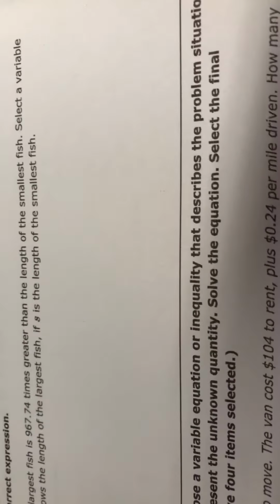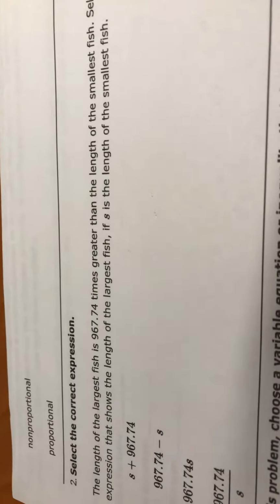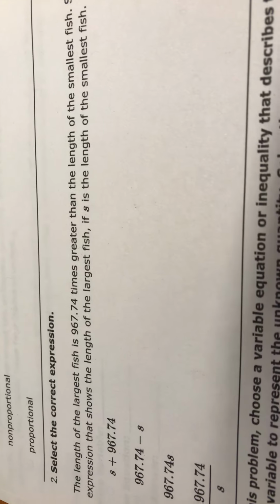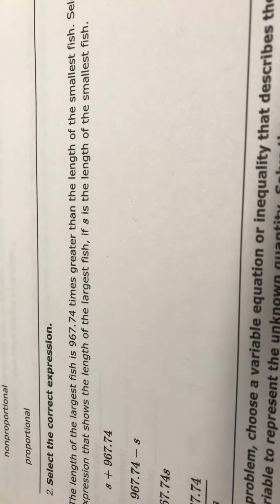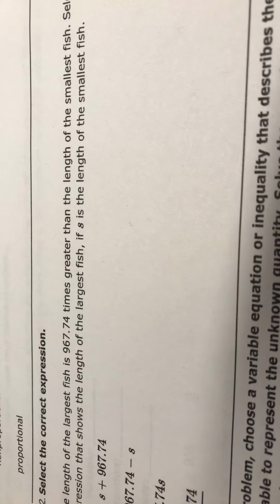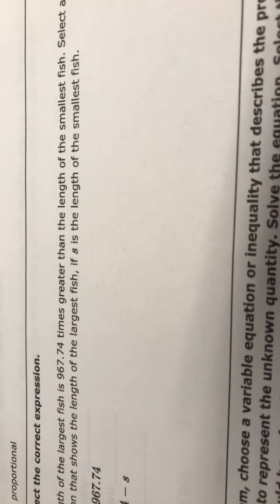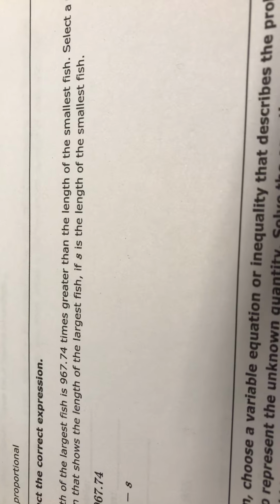So let's look at this word problem right here. Sorry again if I'm making you sick. All right. So what this says is the length of the largest fish is 967.74 times greater than the length of the smallest fish.